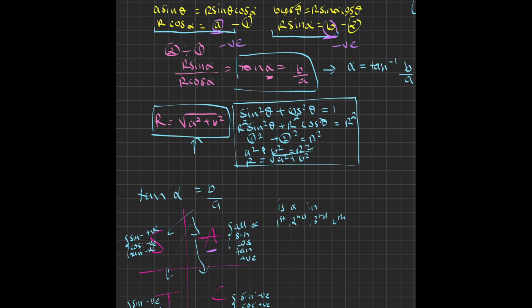Now, for example, if b is positive, but cos is negative, then this tan alpha equals b by a will therefore also be negative. So if it's negative, then that means that it will therefore be in the second quadrant, right?